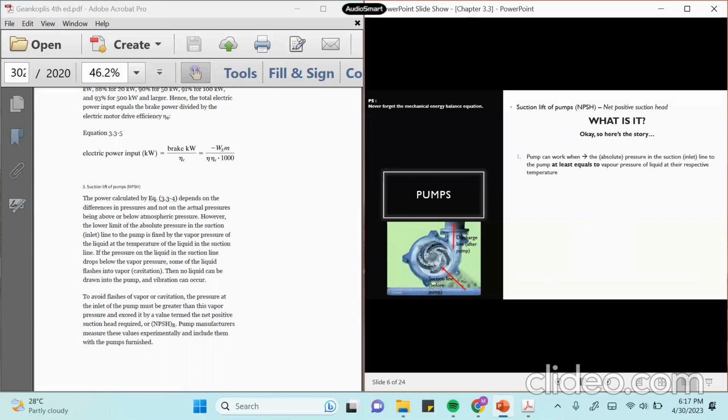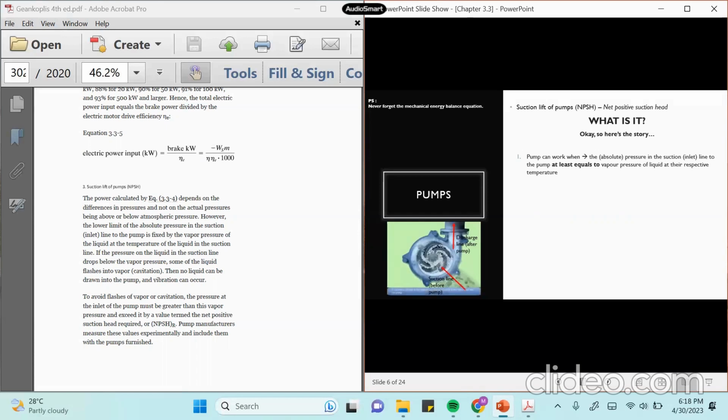The pump can suck the water when the pressure in this part is the same as the vapor pressure of water at 80 degrees Celsius. If it's below that, then the water cannot move upward, cannot be sucked. So it has to be at least equal to the vapor pressure of the liquid at its respective temperature.